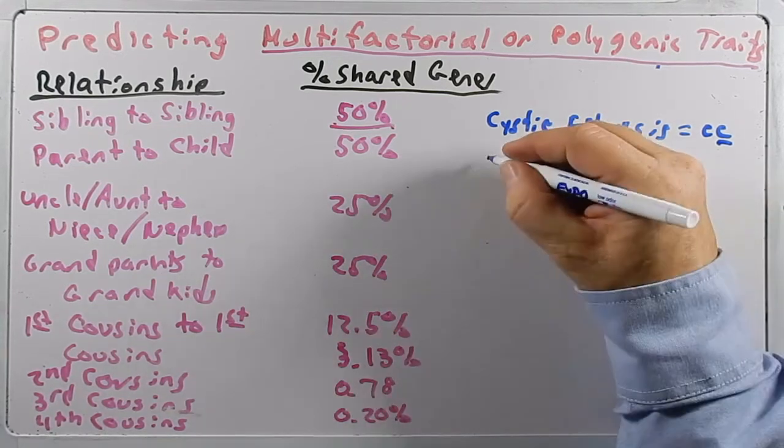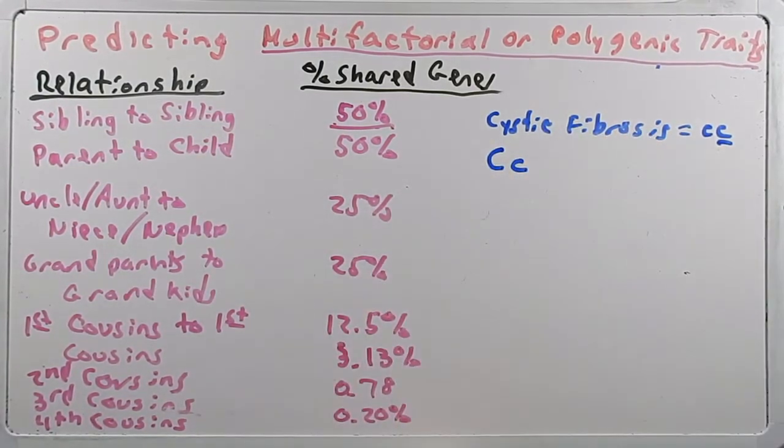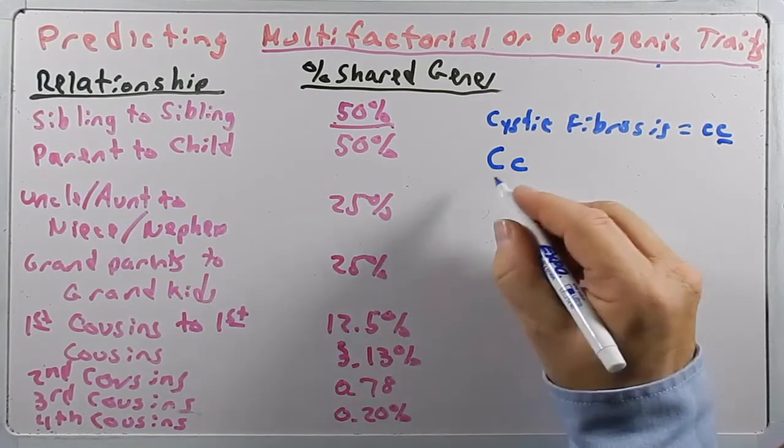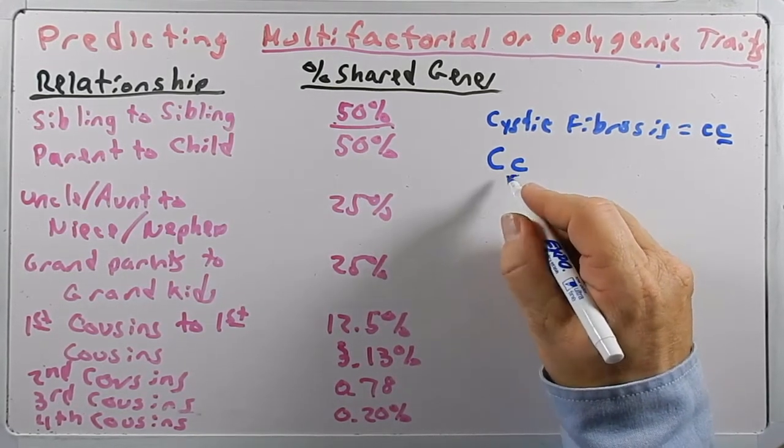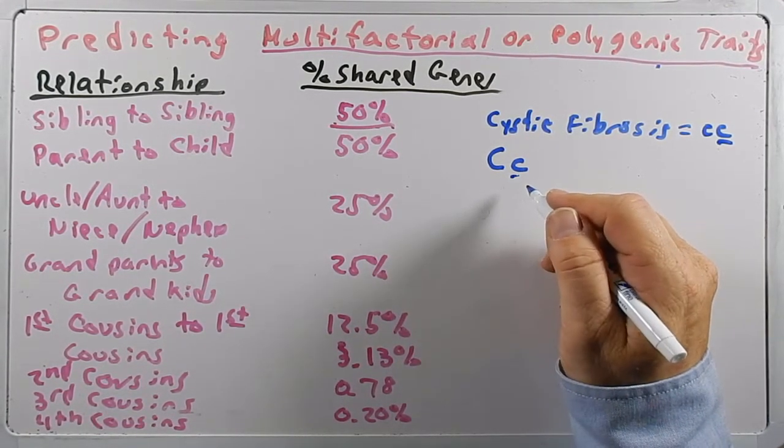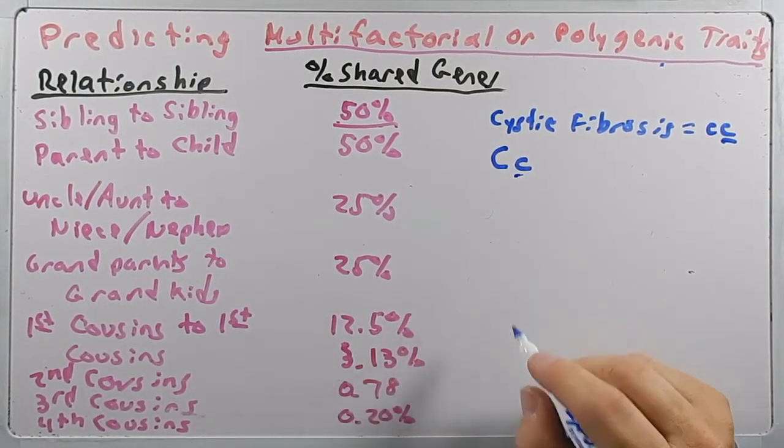And so within a family, you have a lot of individuals who are heterozygous. In fact, we all are heterozygous for various mutations that could cause diseases or other negative traits. They're just hidden as a heterozygote.